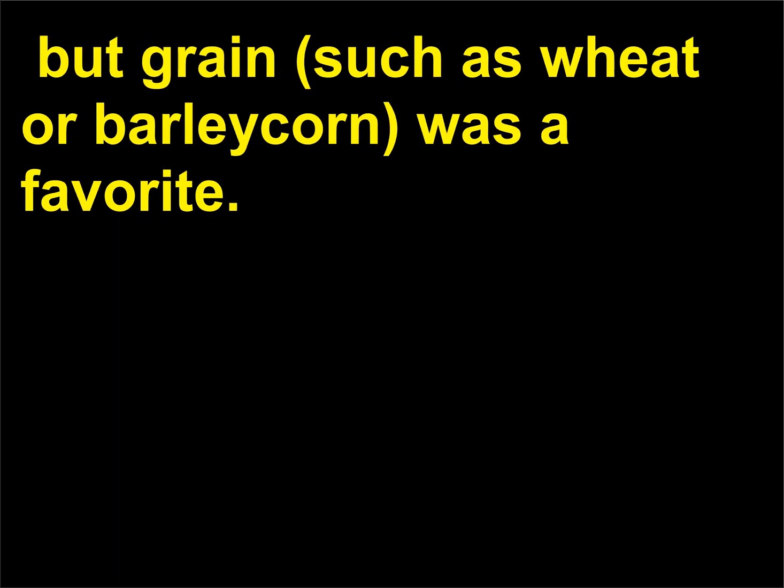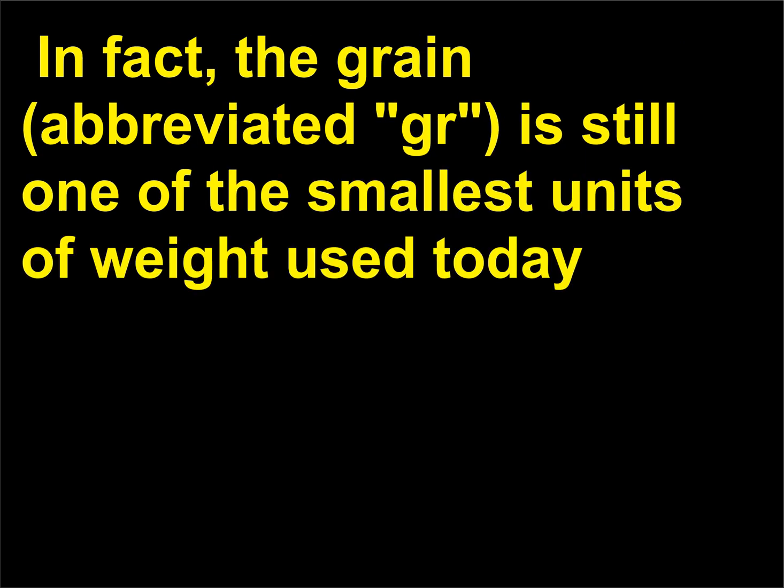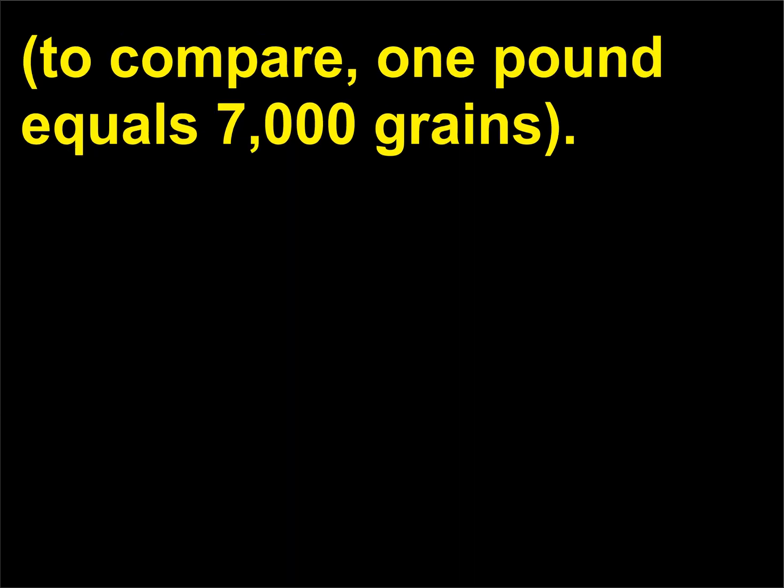But grain, such as wheat or barley corn, was a favorite. In fact, the grain, abbreviated GR, is still one of the smallest units of weight used today. To compare, 1 pound equals 7,000 grains.